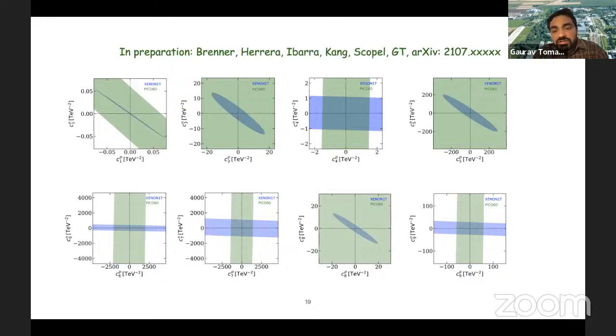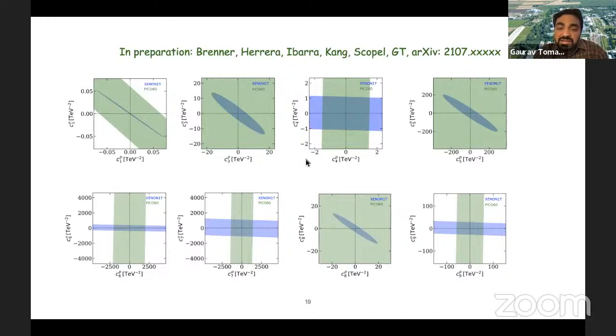And why it is important to consider 2 experiments, you could see here. For example, this C1 is a spin independent interaction. That's what we usually consider in our calculations. And you see here, xenon is the most constraining experiment. So of course, there is no constraint from PICO. Always xenon is dominating.